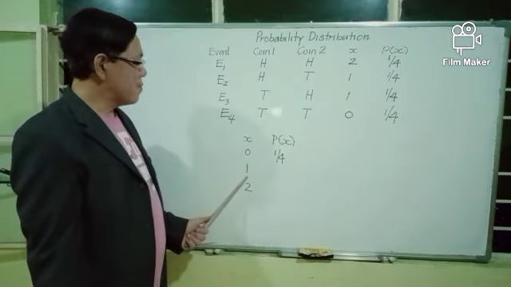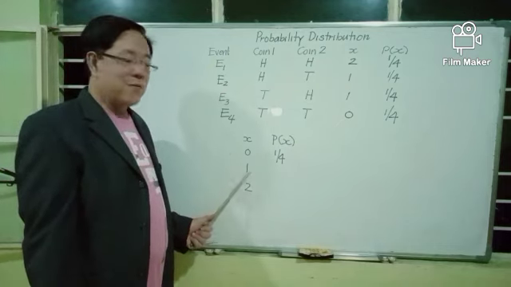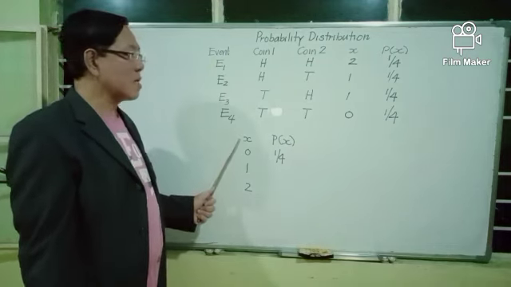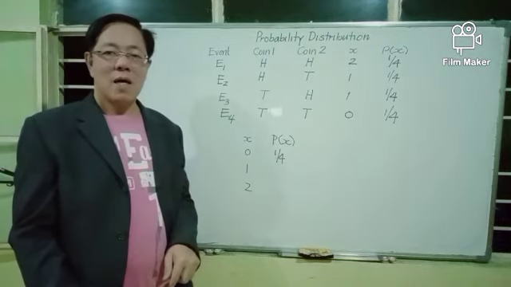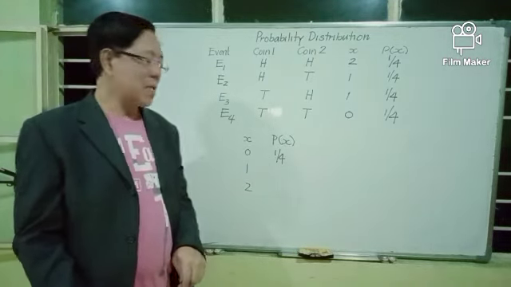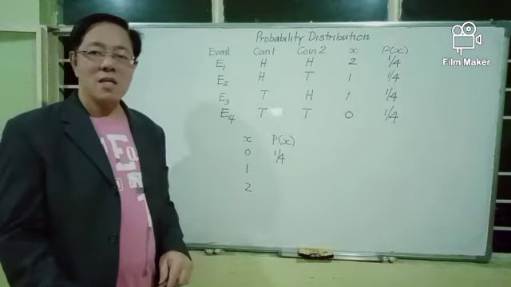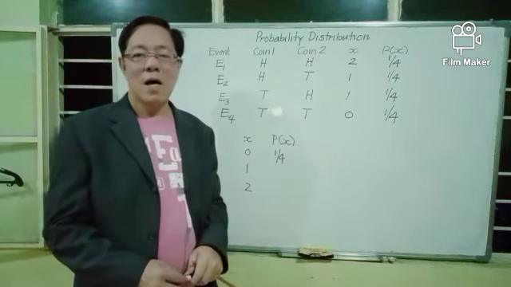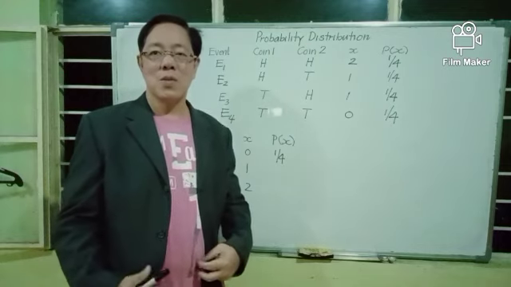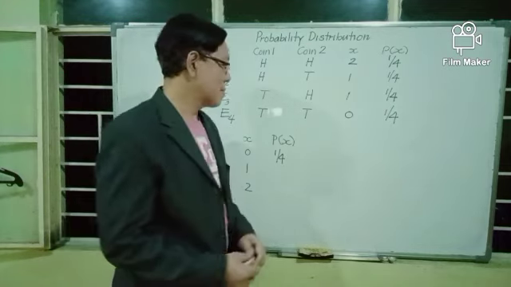Now, the value 1 for the discrete random variable x can occur in 2 ways. And we calculate the probability that x will take a value 1 using the addition principle or addition rule for probability.